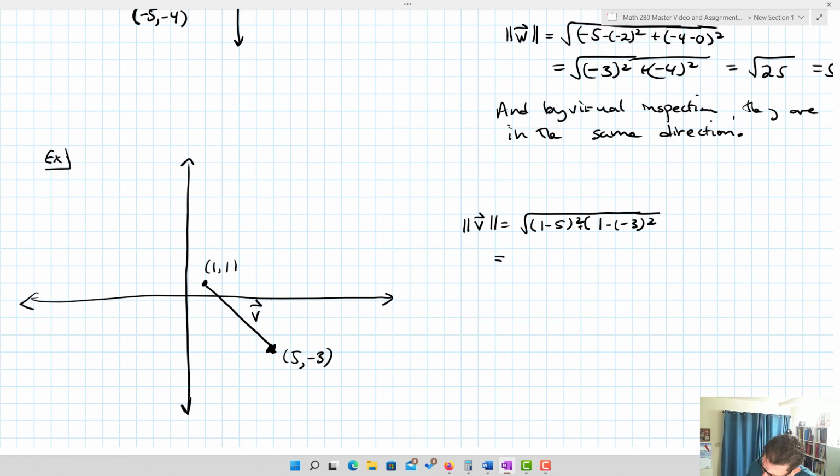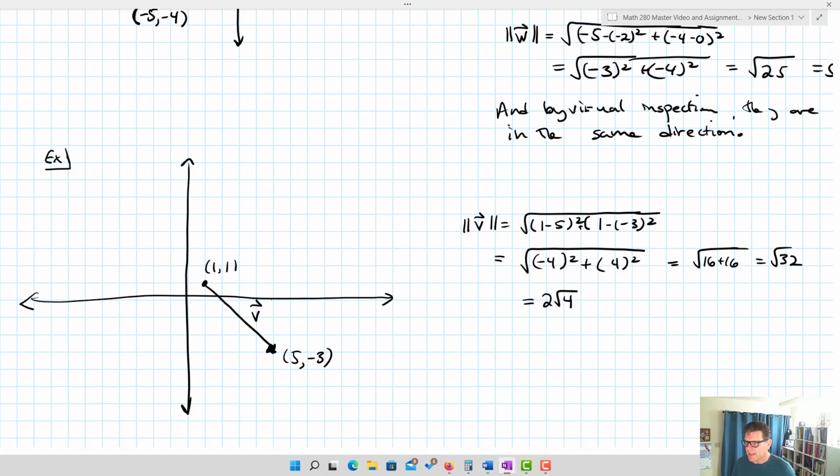And that's going to equal the square root of (-4) squared plus 4 squared, which is the square root of 16 plus 16, which equals root 32, which is equal to 4 root 2. So that's our magnitude. And then we'll have this other direction. We'll talk about that direction in a little bit.